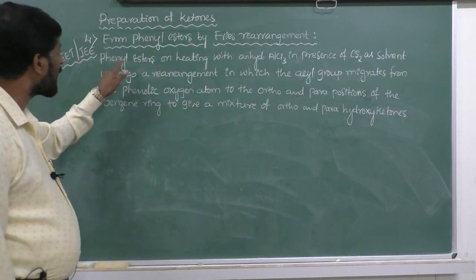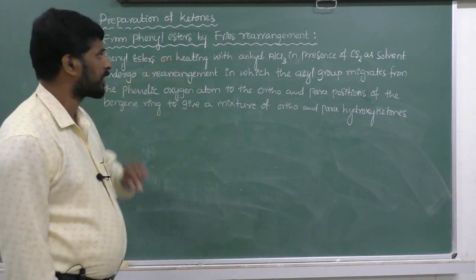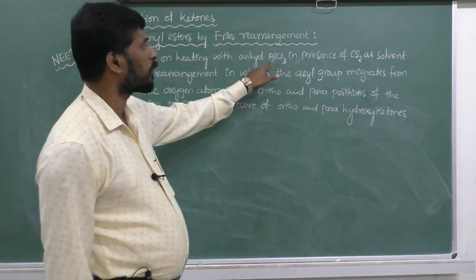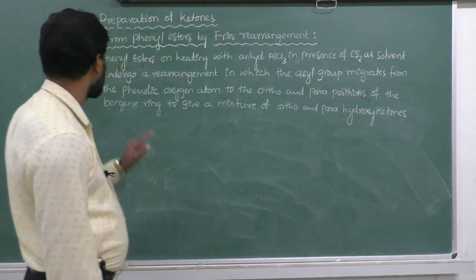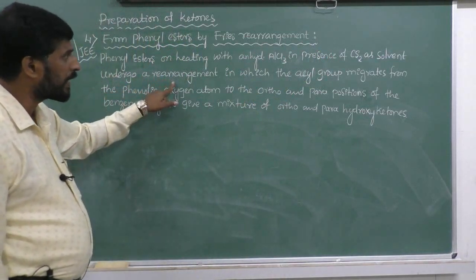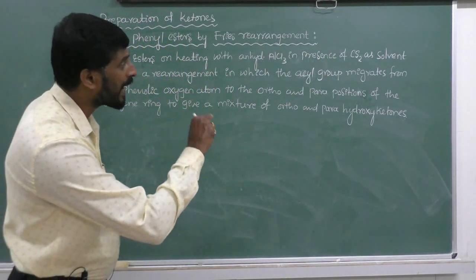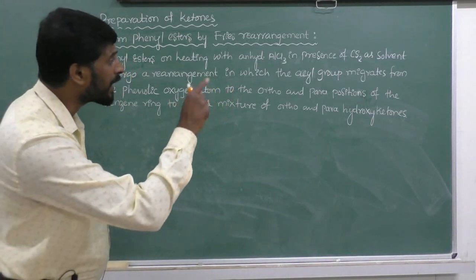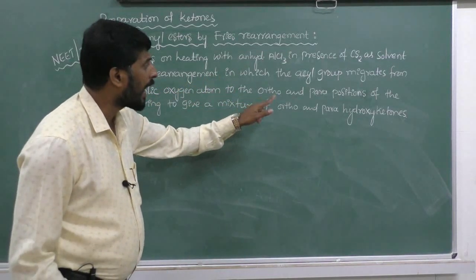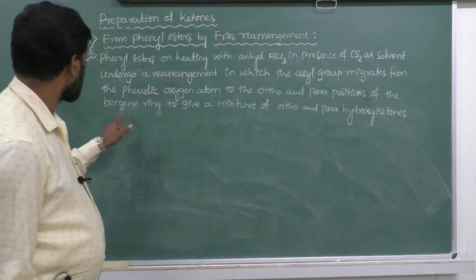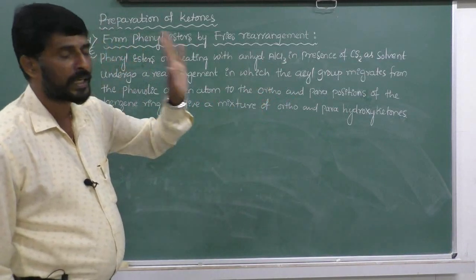See here, phenyl esters on heating with anhydrous aluminum chloride in the presence of carbon disulfide as a solvent undergo a rearrangement in which the acyl group, that is the RCO group, migrates from the phenolic oxygen atom to the ortho and para positions of the benzene ring to give a mixture of ortho and para hydroxy ketone.